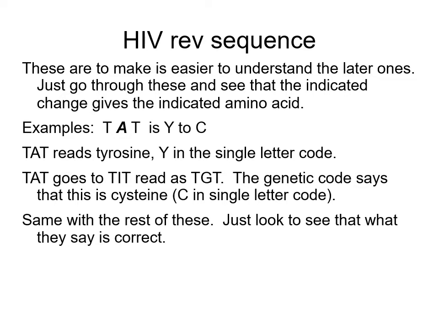We see that TAT is a tyrosine codon, just as they're telling us. And then we edit that, which gives you TAT goes to TIT is read as TGT, and the genetic code says that that is in fact histidine. So in this, what they're telling us is what the answer should be, and it's just practice looking at the genetic code to convince yourself that that's actually true.